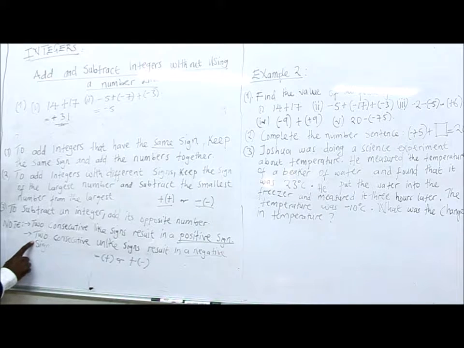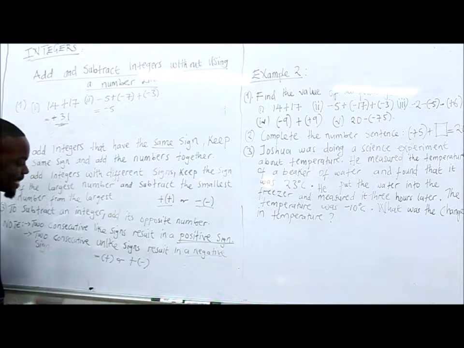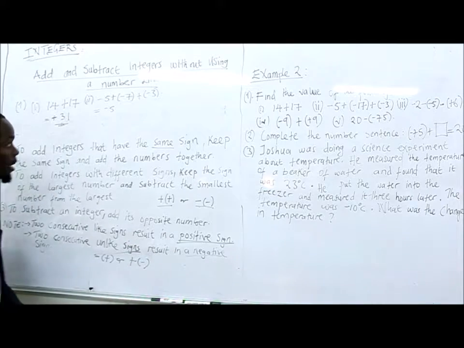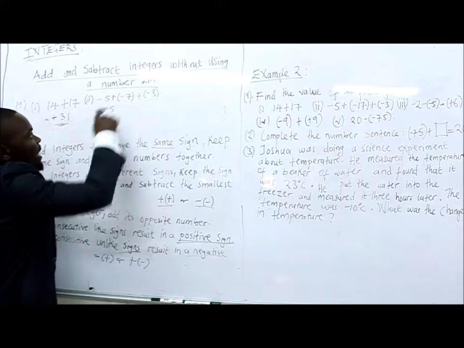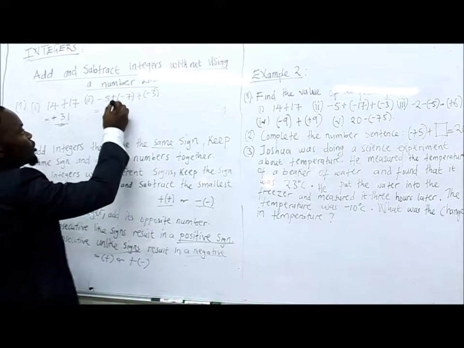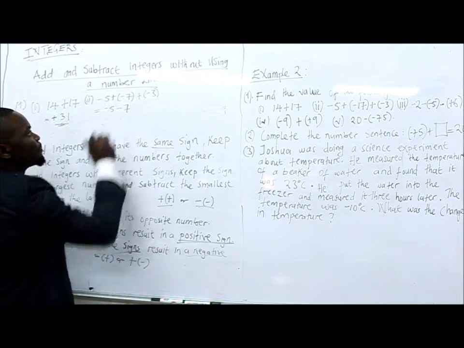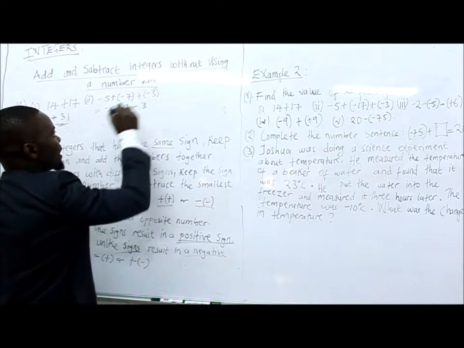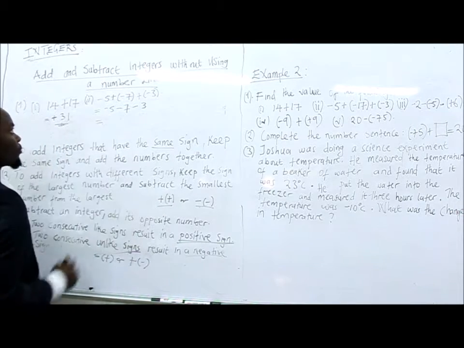Note: two consecutive unlike signs result in a negative sign. So since positive and negative are unlike signs, it results in a negative sign. Even here we have positive and negative, it will result in a negative sign.